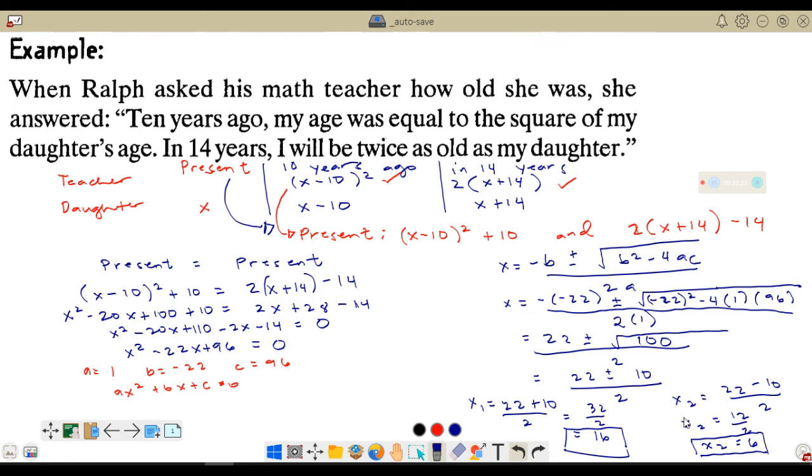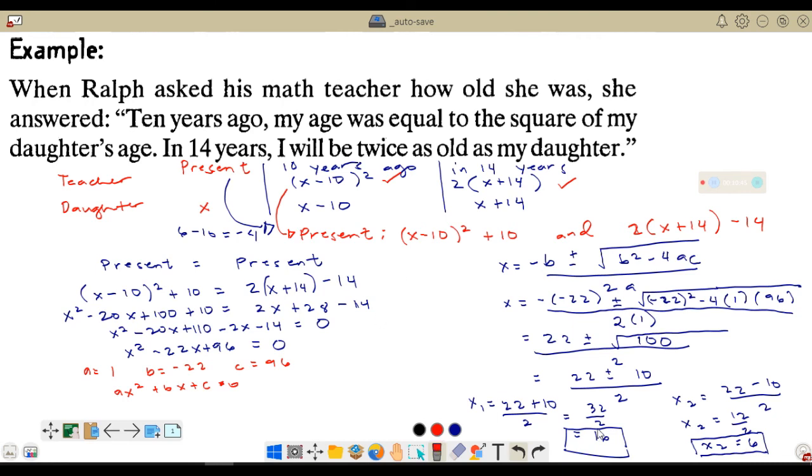Let's analyze. 10 years ago, my age was equal to the square of my daughter's age. If we are going to use 16, the age of the daughter, 10 years ago, is 6. But if you use 6, the age of the daughter 10 years ago is negative 4. Diba? 6 minus 10, negative 4 siya. Hindi pa nag-exist si daughter.